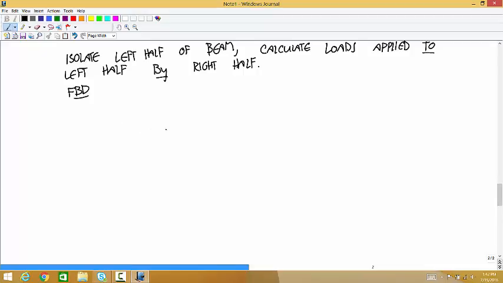So I'll draw the part we're isolating in black, and then I'll put the rest of it in blue just to show where the part is that we're leaving out. And we're going to think about what loads are applied to this black piece that we're isolating.